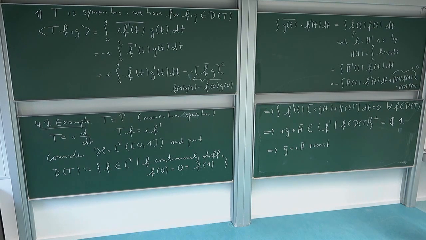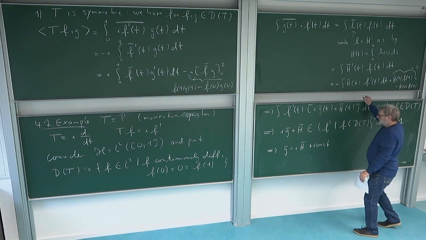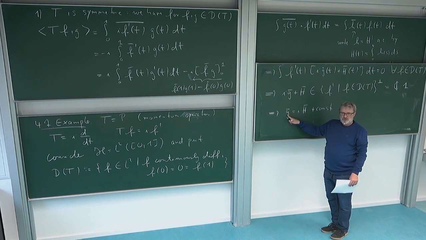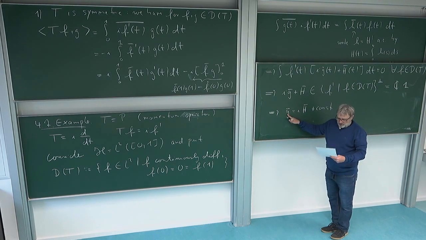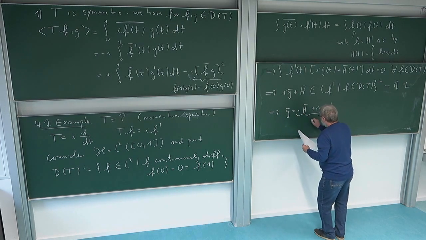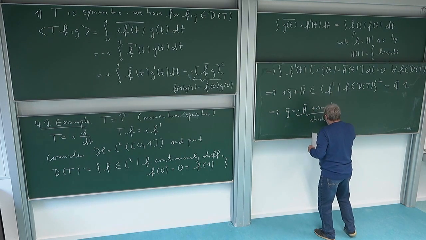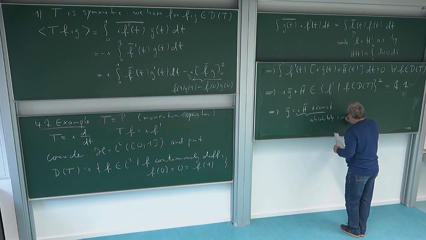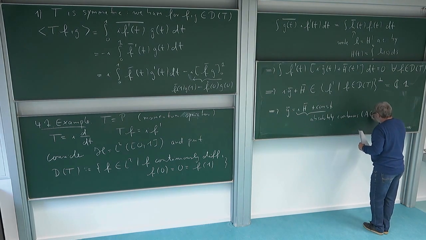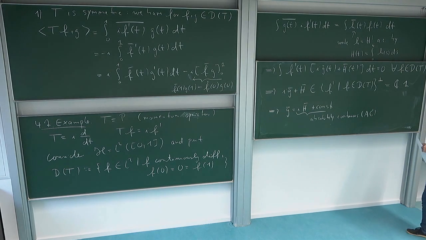And indefinite integrals are nice functions, so namely they are, as I already said, absolutely continuous. They are absolutely continuous, and so we see here that this g bar must be an absolutely continuous function, which I will usually abbreviate by AC.